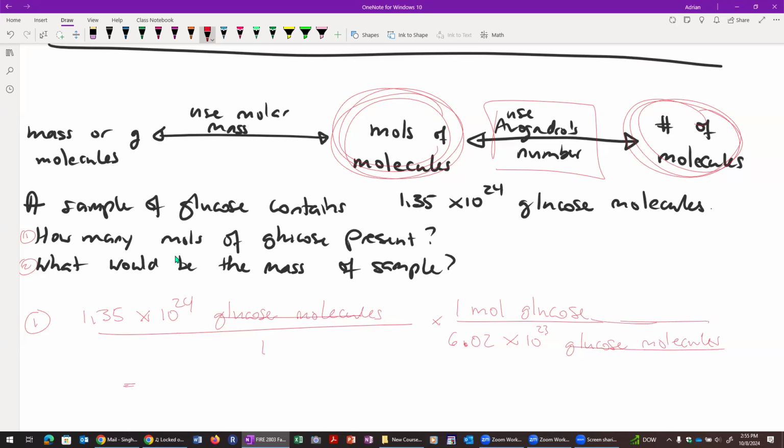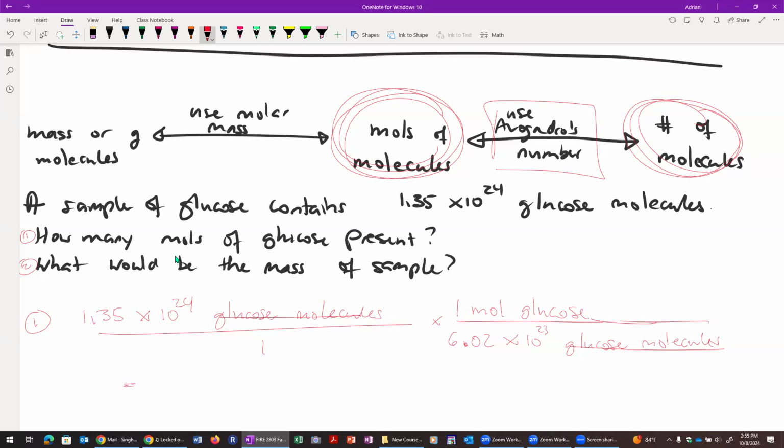So I just end up dividing the 1.35 times 10 to the 24 by 6.02 times 10 to the 23. Let's put that in. And again, having good calculator skills is going to be very important for this.